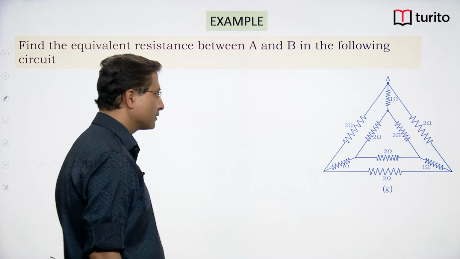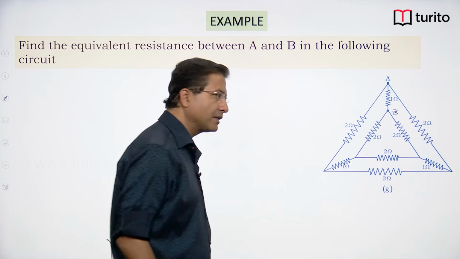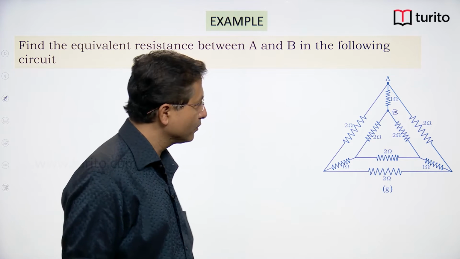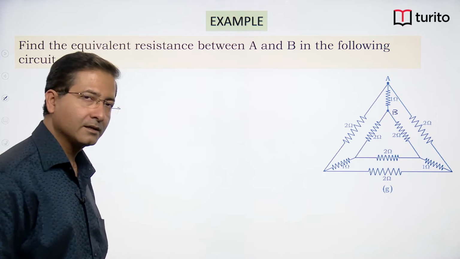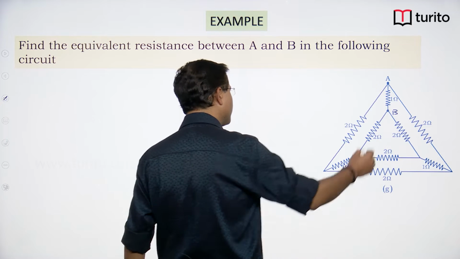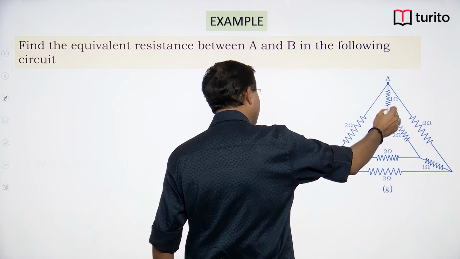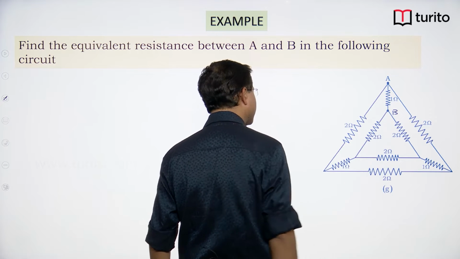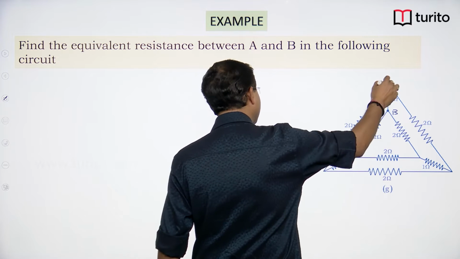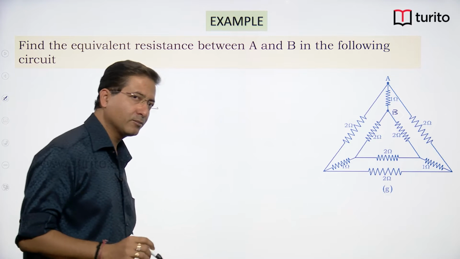Look at this circuit. If I want to find out the equivalent resistance between A and B, I can see input output symmetry here itself. From B directly current will go to A, and across B, two resistors, 2 ohm and 2 ohm, are connected, and if I look at A, 2 ohm here and 2 ohm here. So, this circuit has got input output symmetry.